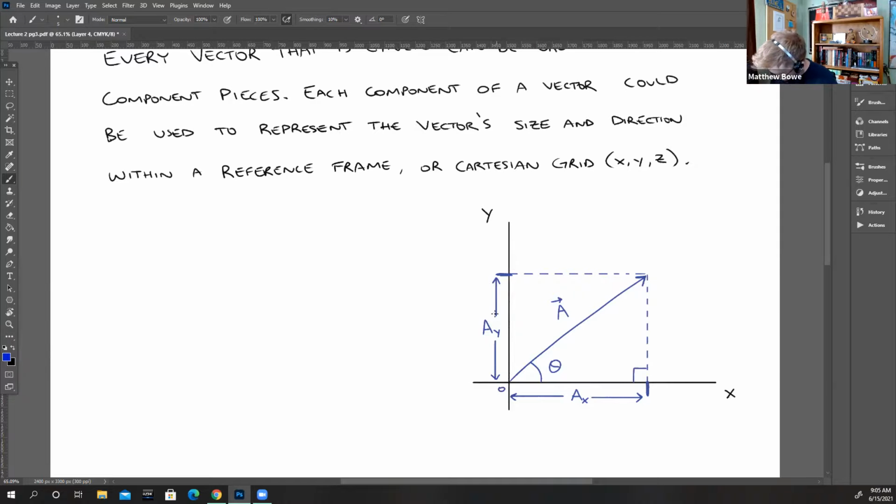I could put this here, or I could put it over here. Same thing, A sub y is the height of the triangle. I'm going to leave A sub y over here. Just know that I could put this on either side, left or right, because it's the same height.